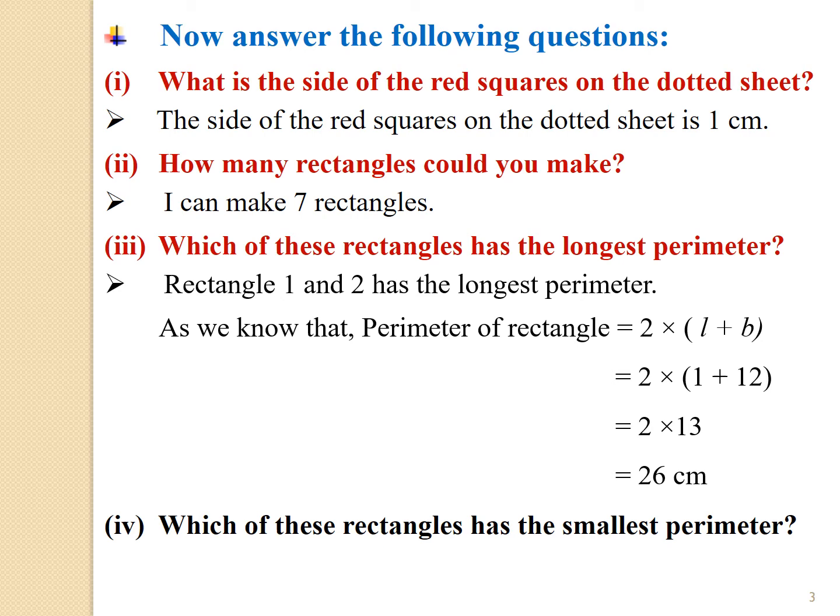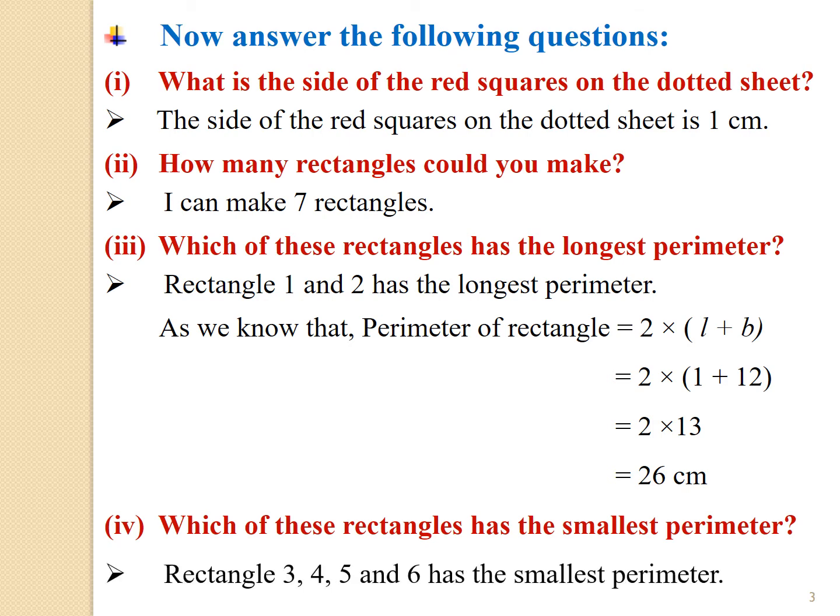Thus, the perimeter of rectangles 1 and 2 is 26 centimeters, which is the longest perimeter compared to the other rectangles which we have drawn. Now, question number 4. Which of these rectangles has the smallest perimeter? Rectangles 3, 4, 5 and 6 have the smallest perimeter.